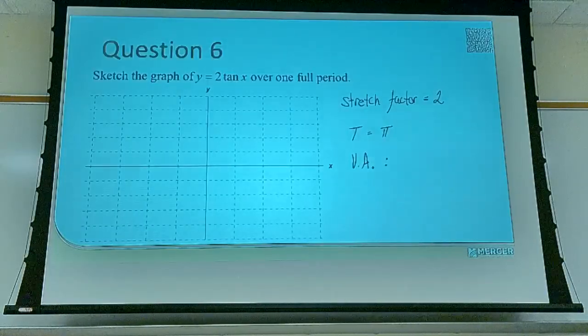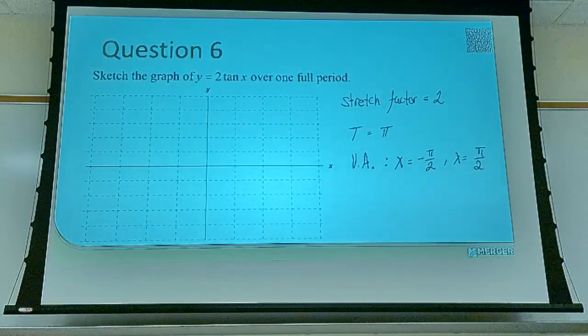For tangent, the standard is minus pi over 2 to positive pi over 2, because that gets you a full picture. Those would be my 2 vertical asymptotes in that interval.